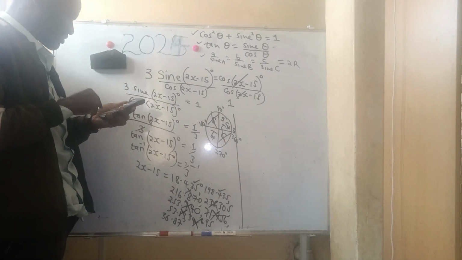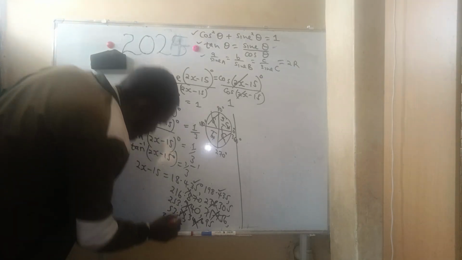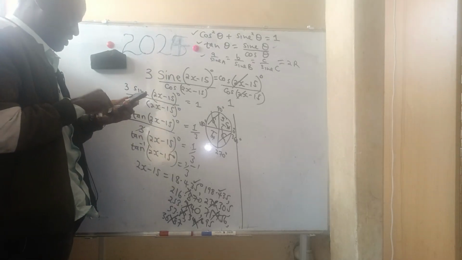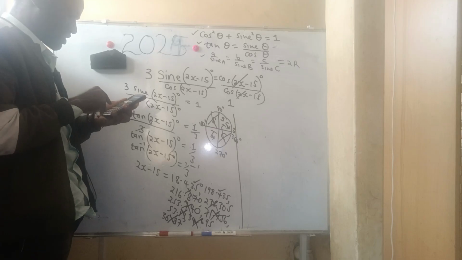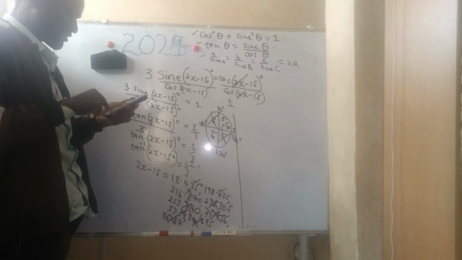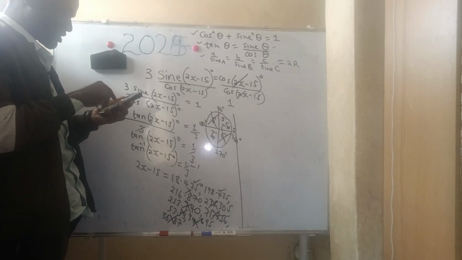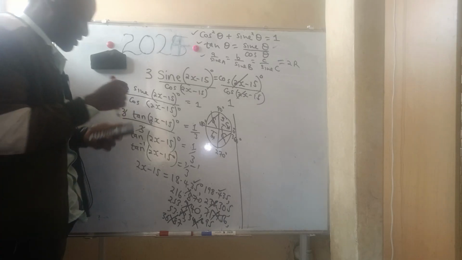Tan of 36.87 is also wrong. Let's see, 36.87 plus 18.435. Okay, the tan of the answer is also still wrong.